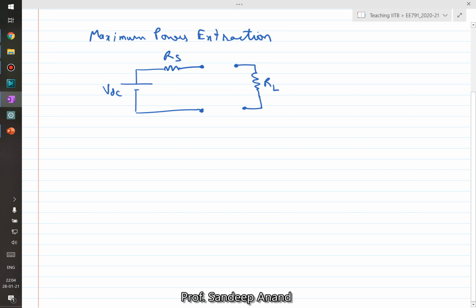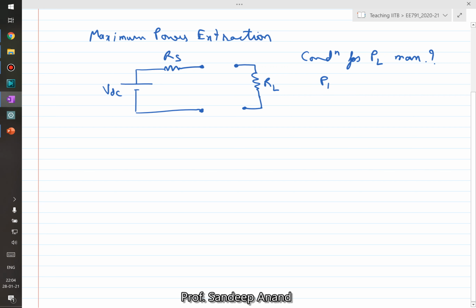This problem we might already be aware of. If we connect this load to this source combination, what is the condition for PL to be maximum? That is the question. What is the condition such that the load power is maximum?